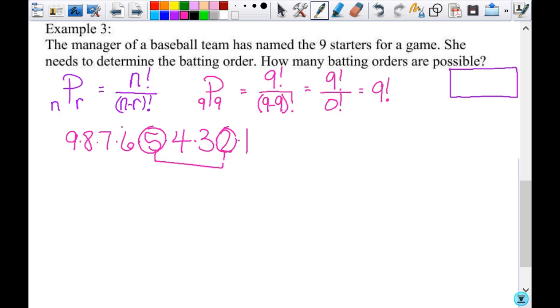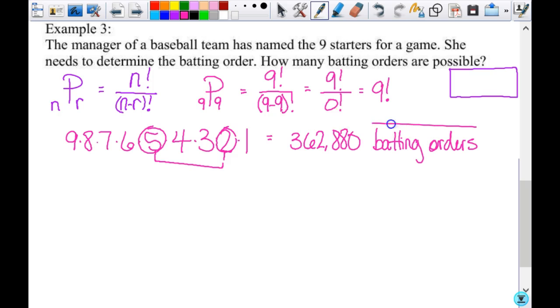Okay? So the answer to this in the end then is 362,880 batting orders. Yeah, so anybody get anywhere close to that? You got 9. Well, does that answer seem a little ridiculously high?